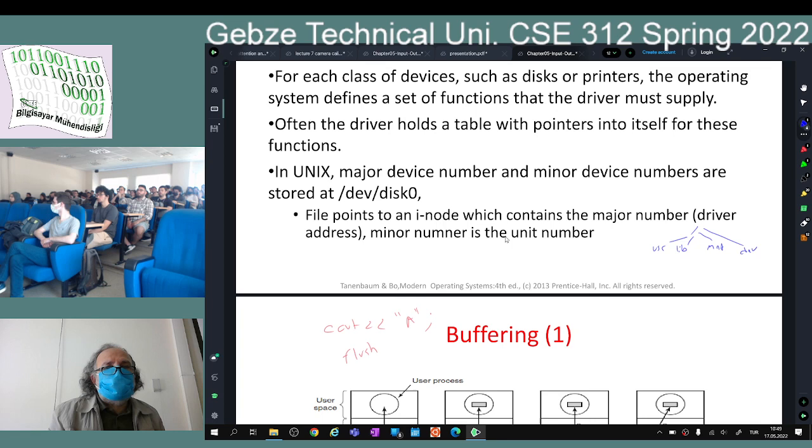The second number is the minor number. The minor number is the copy number of that device. You may have more than one disk drive connected to your system, so they are all using the same device driver. Their major numbers are the same, but their minor numbers are ordered from 0 to some number. That's how Unix is structured.